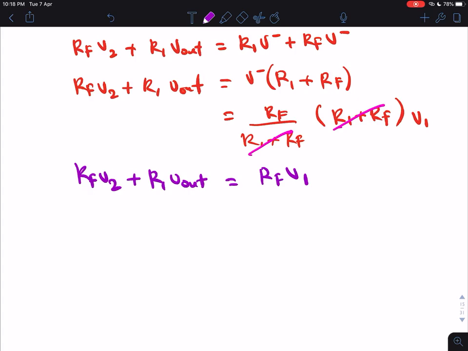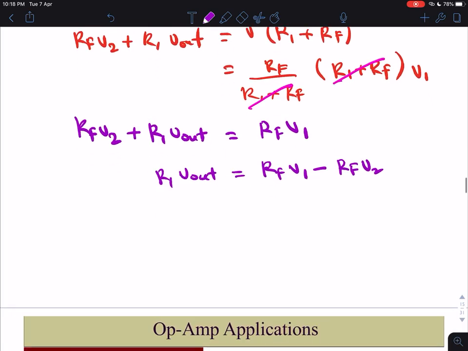We want Vout, so R1 Vout equals RF V1 minus RF V2. So Vout equals RF over R1 times (V1 minus V2). So we have proven that the output voltage of the differential amplifier is equal to RF over R1 times (V1 minus V2). See you again in the next video.